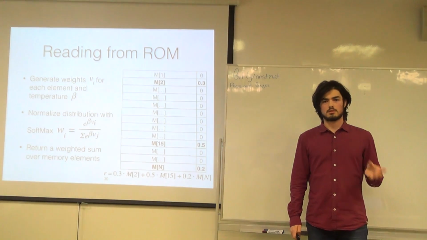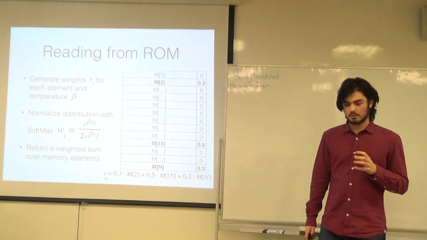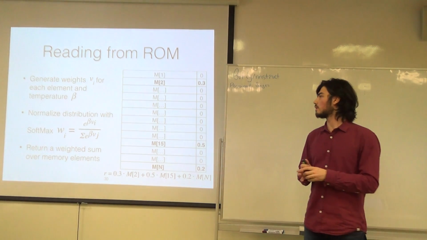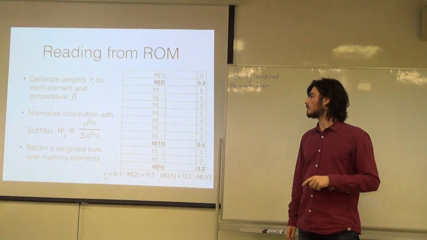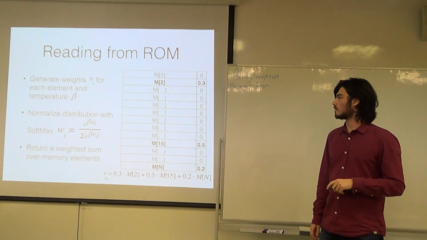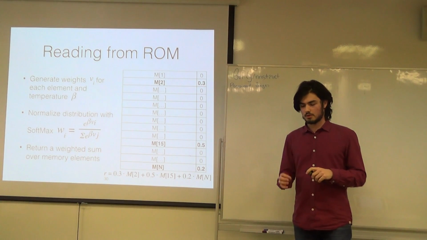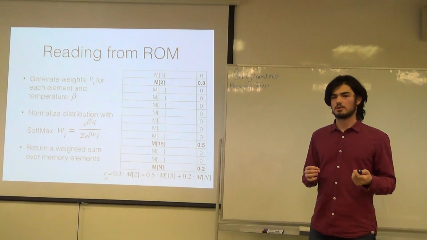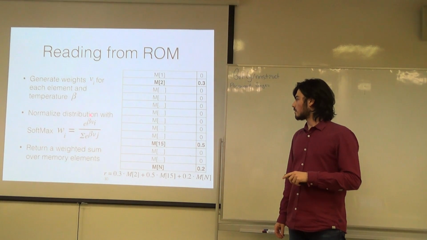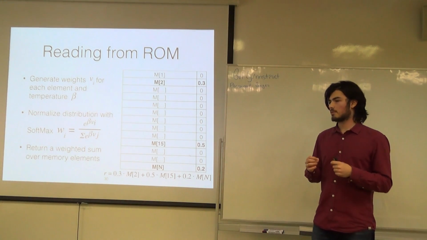The reading is done as follows. First of all, the controller generates the vectors, the weightings vi, for each memory cell. And then it is transformed to a distribution with temperature beta. So the beta will control how sharp our attention is.